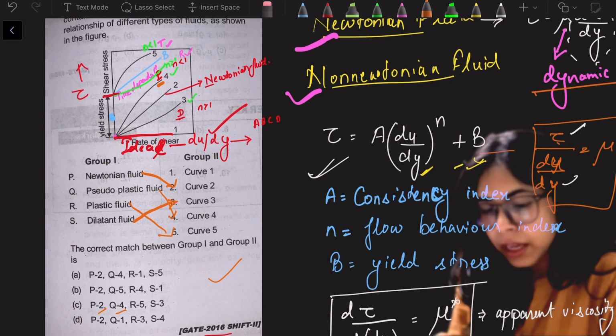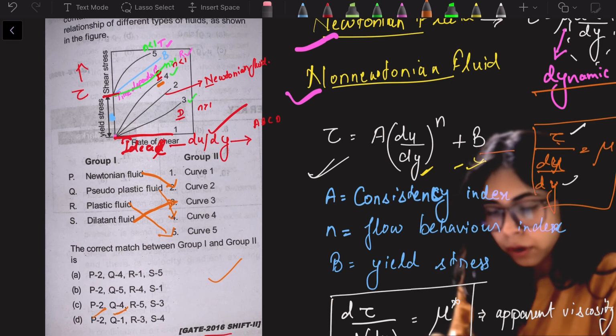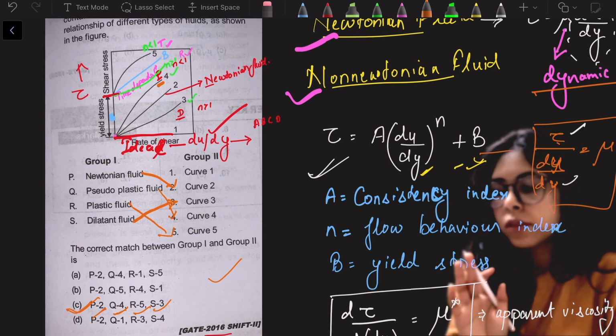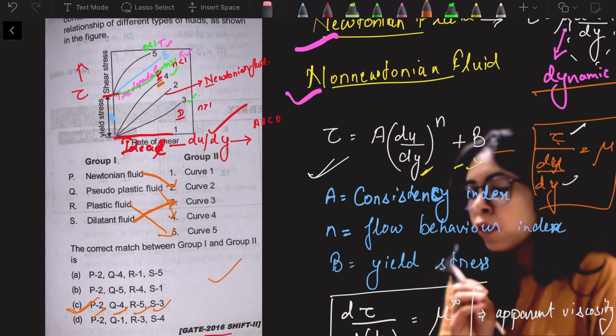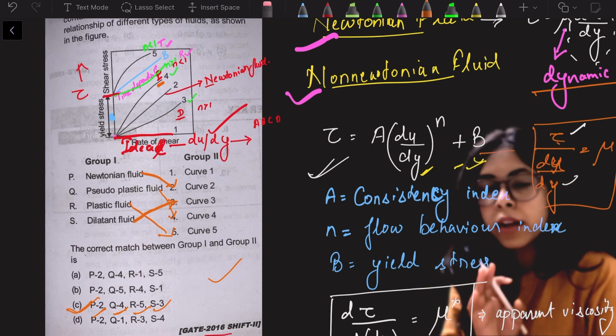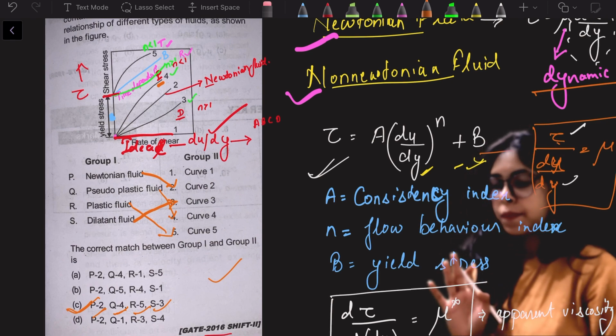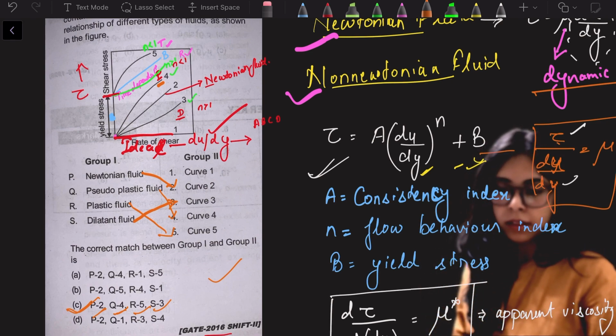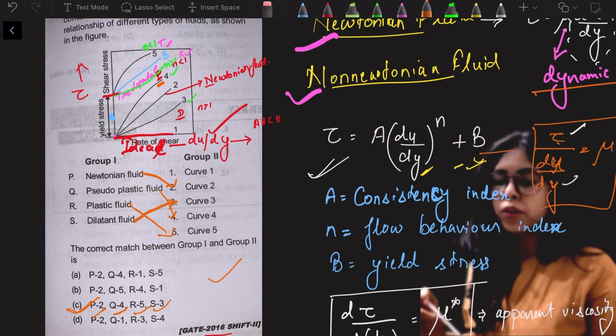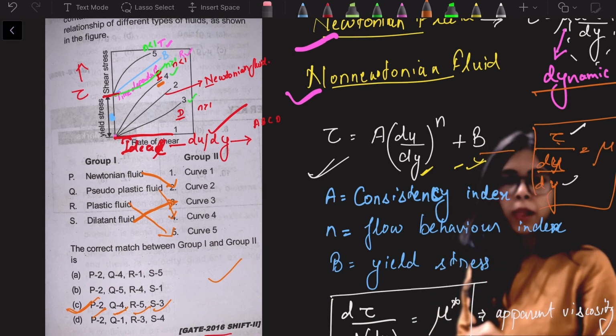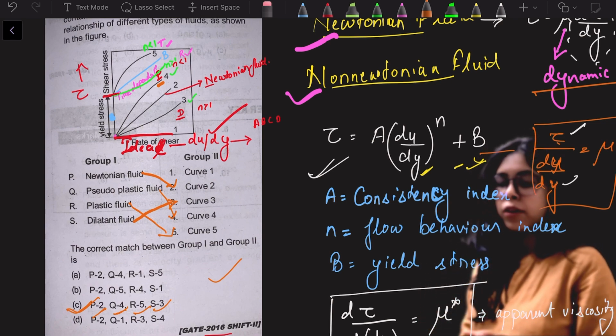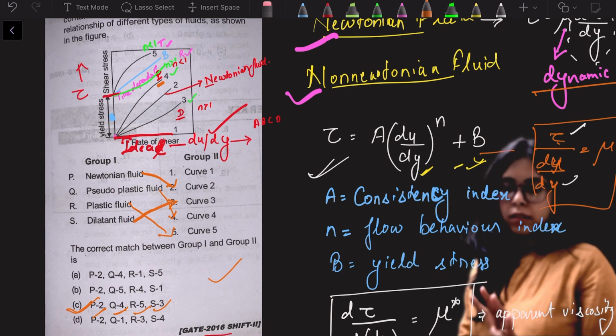So we have P2, Q4, R5 and S3. So we have the answer here, option 3. This is the full explanation you can get in the first question. All the Newtonian, non-Newtonian knowledge you are having right now, you can put it in any question and do it.